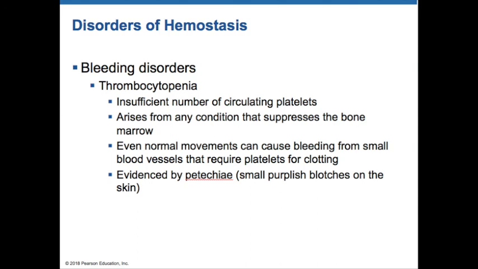Even with the smallest cut, they can bleed out, they can go into a hemorrhagic shock, which means that they're going to be losing high volumes of blood, which could perhaps lead to a deadly situation. Now, evidence of thrombocytopenia is going to be petechiae, which are small blotches or even small dots in your skin that happen because of ruptured capillaries.